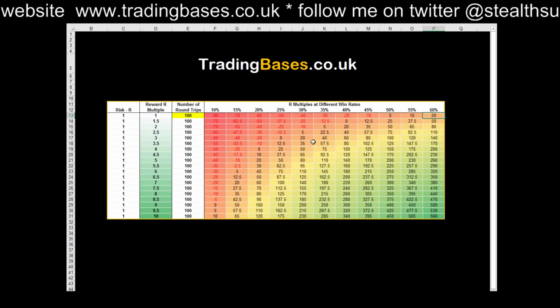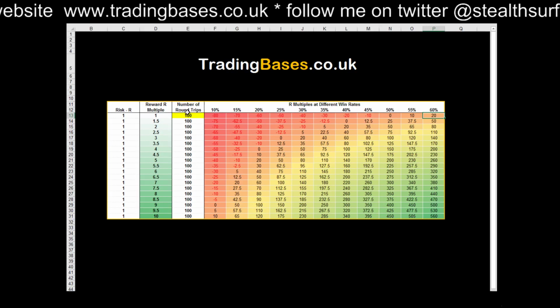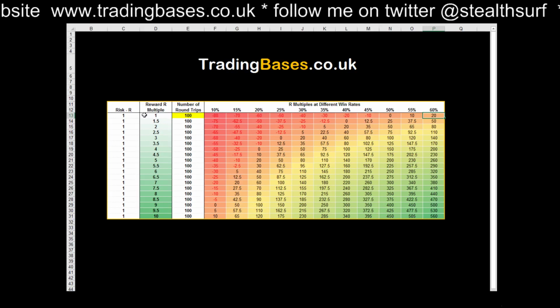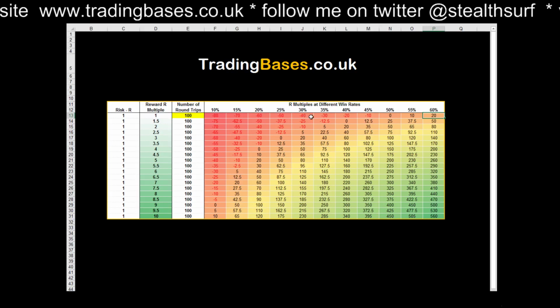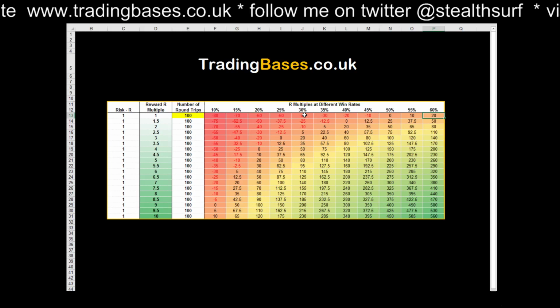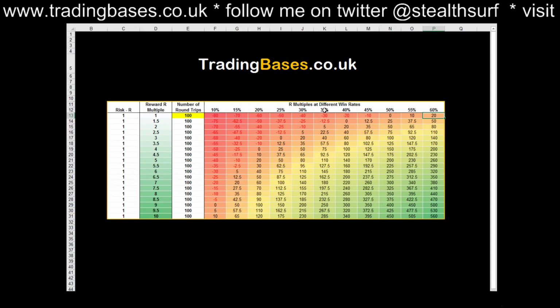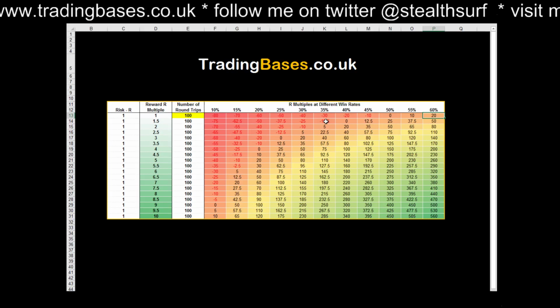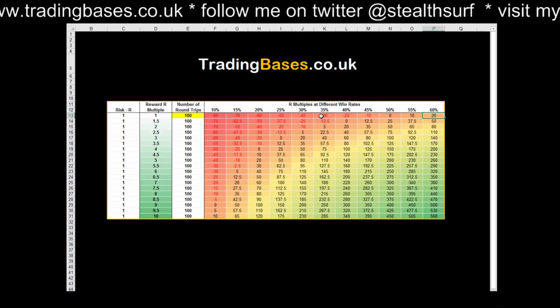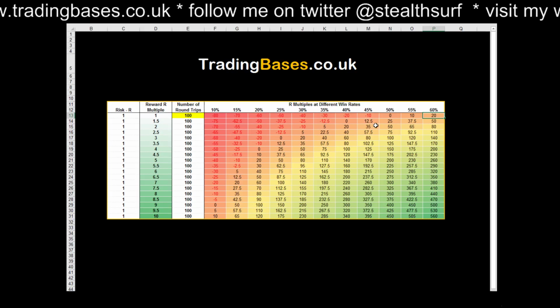Because repeating 100 trades when your reward to risk is 1-to-1, and the market's only letting you be right 40% of the time, you're going to be down 20% on the year. If the market's only letting you be right 35% of the time, you're going to be down 30% on a year. Now, you've got to get out of that area.